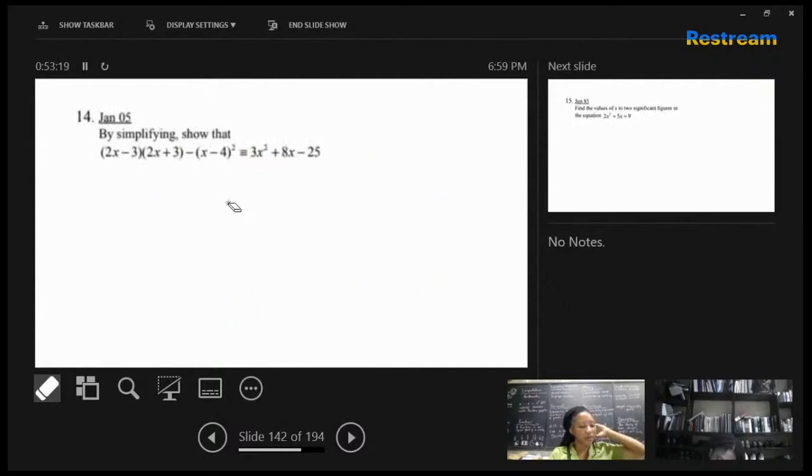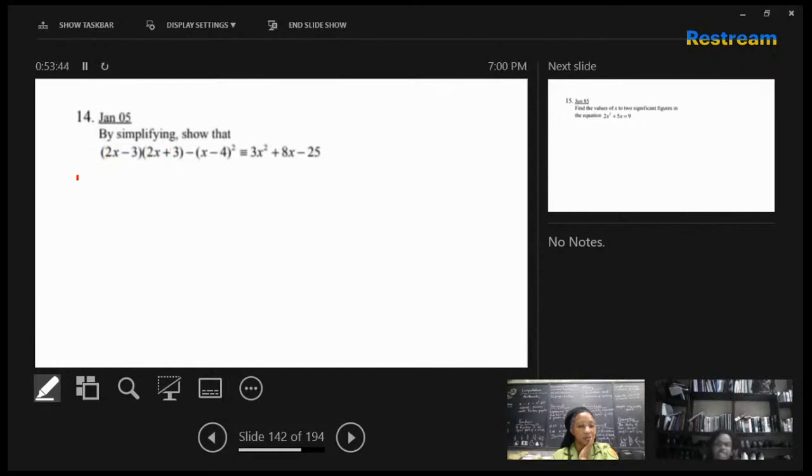All right, number 14. So we're to prove that this is equivalent to that, right? You want to do this, John? No, miss. All right, Imani. This is the difference of squares.